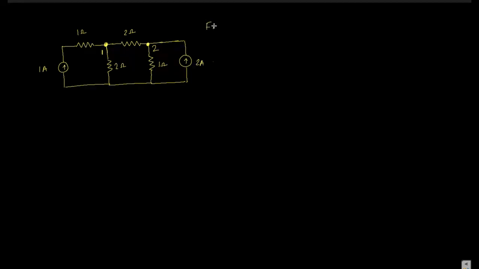Find the voltage at node 1 and 2. Okay, so what is that? This is a current source.